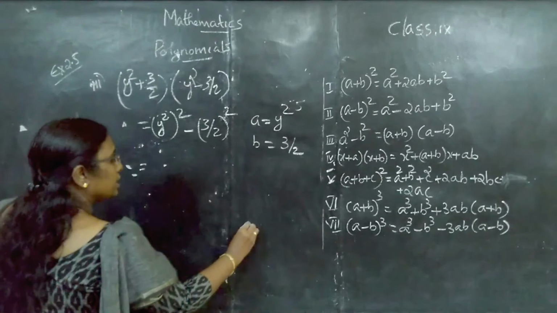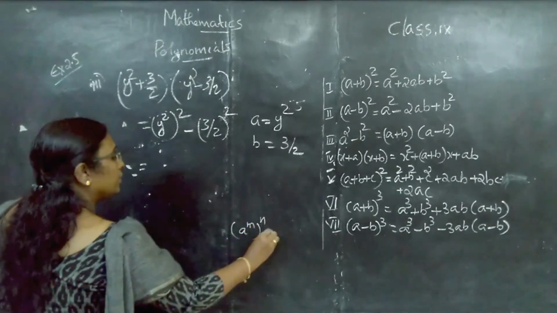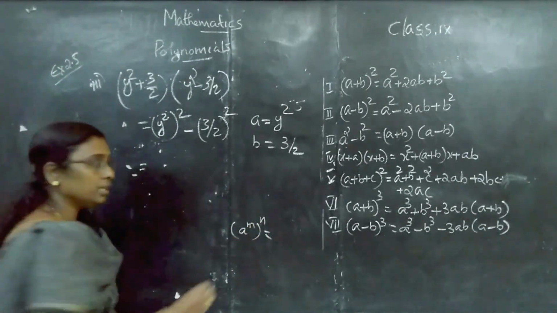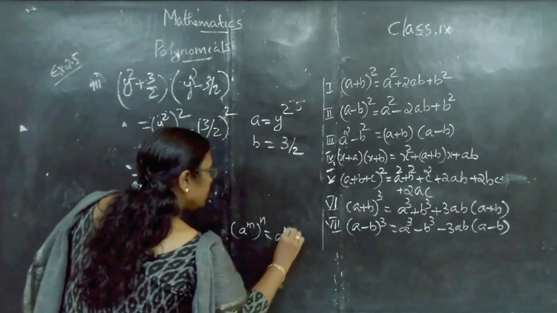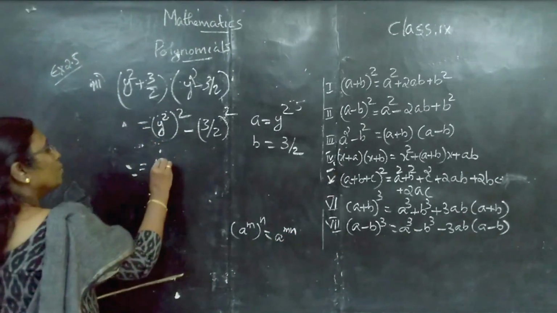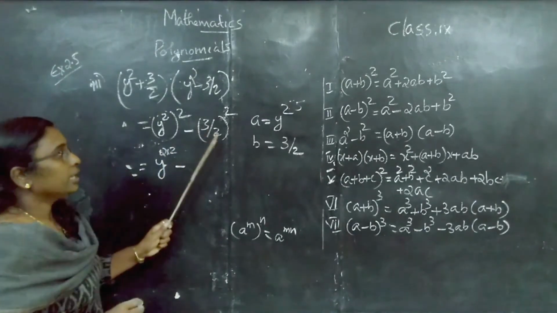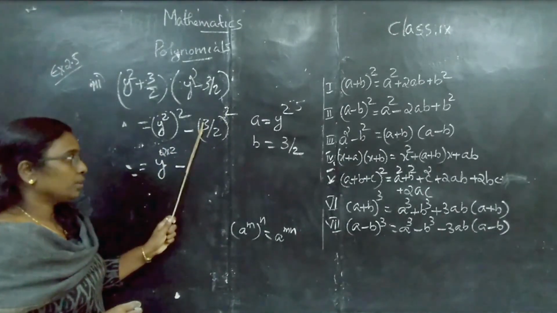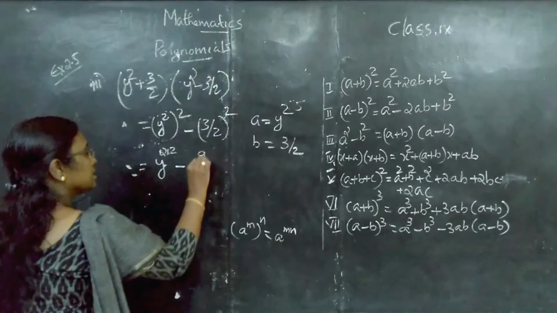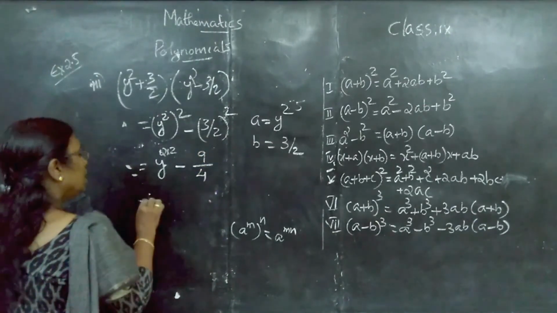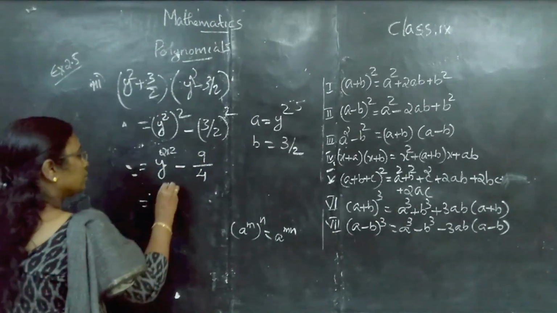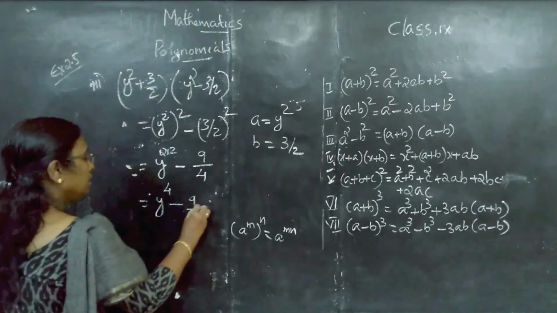You know a raised to m the whole raised to n is a raised to m into n. Here it is y raised to 2 into 2 minus 3 square by 2 square. 3 square is 9, 2 square is 4. 2 into 2 is 4. Y raised to 4 minus 9 by 4.